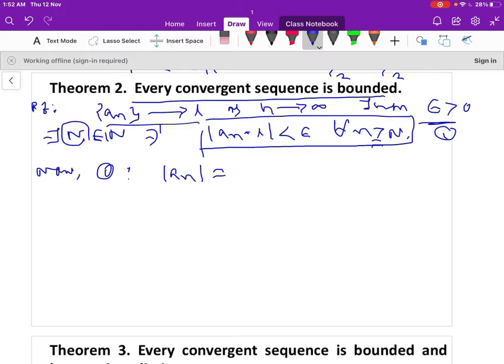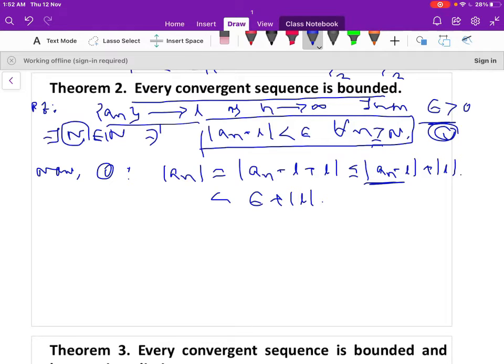So now we consider the modulus of a_n, which is equal to the modulus of a_n minus L plus L, adding and subtracting L. By using the triangle inequality, this is less than or equal to the modulus of a_n minus L plus the modulus of L. So this is less than, using equation 1, epsilon plus the modulus of L. This holds for all n greater than or equal to N by using 1.